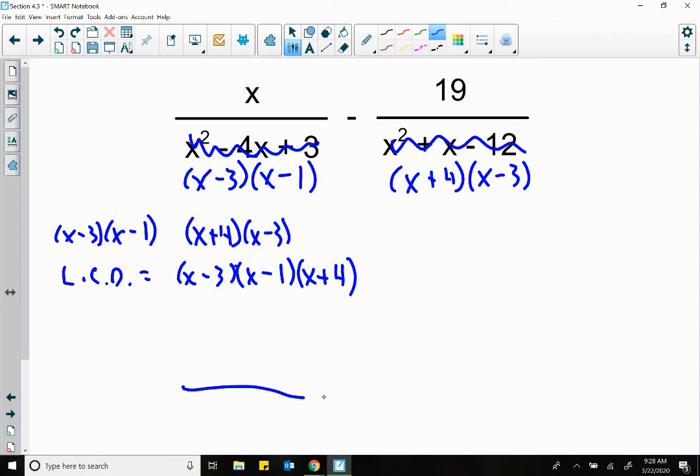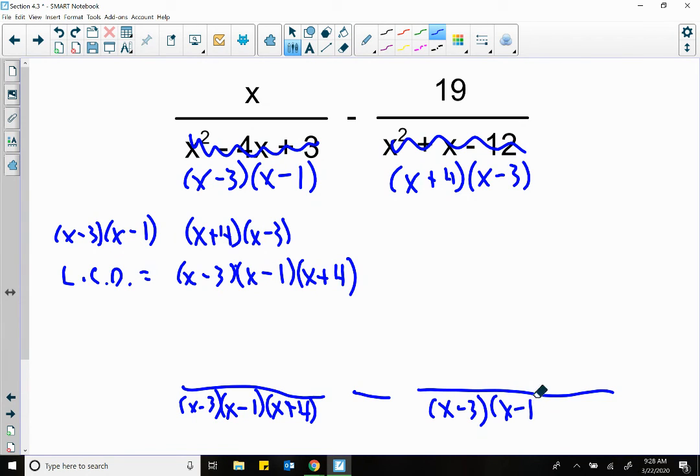So my two fractions have a denominator of x minus 3, x minus 1, x plus 4, x minus 3, x minus 1, x plus 4.